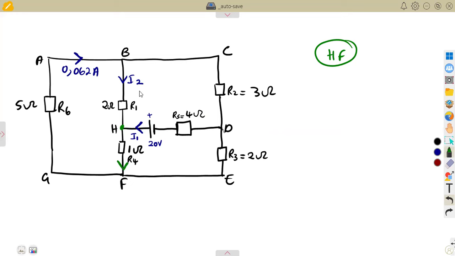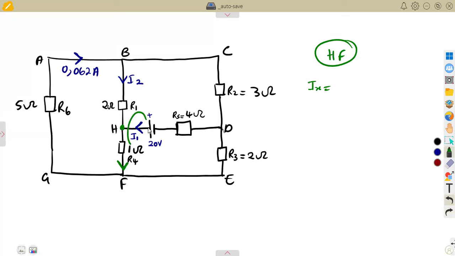So remember the concept that I talked about: the sum of currents flowing towards the junction, which are I1 and I2, must be equal to the current flowing away. Let's say we call it IX, the unknown current.